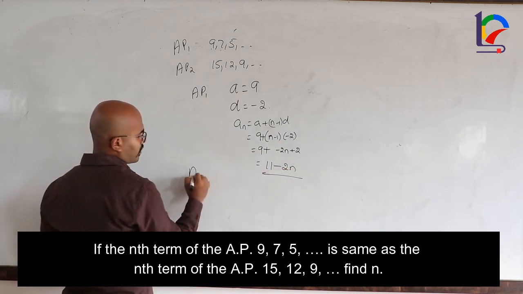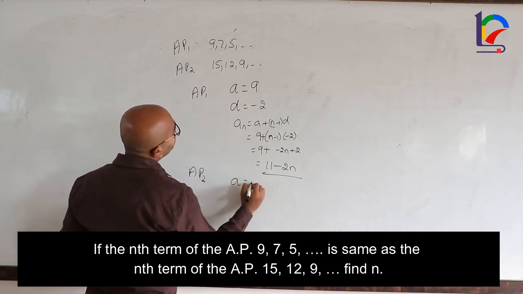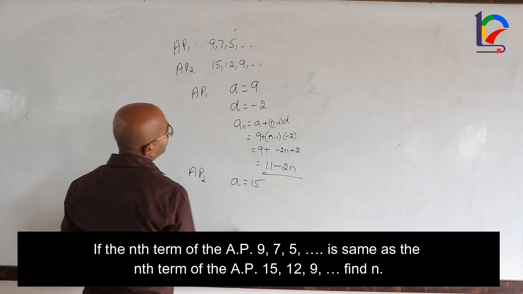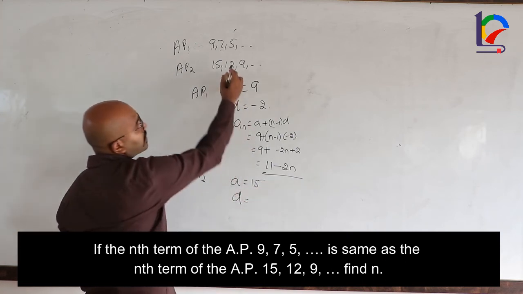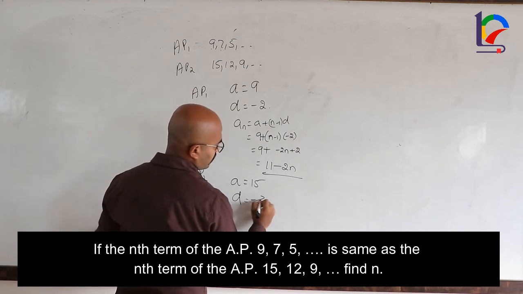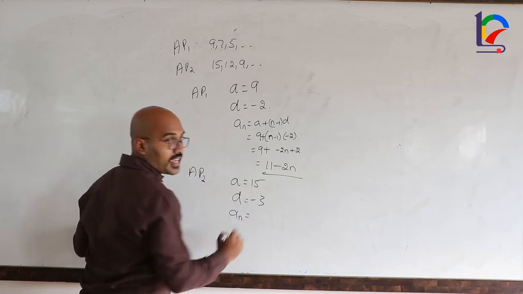Similarly, in the second AP, a is 15. What is d? d is 12 minus 15, which is minus 3. So what is a_n?